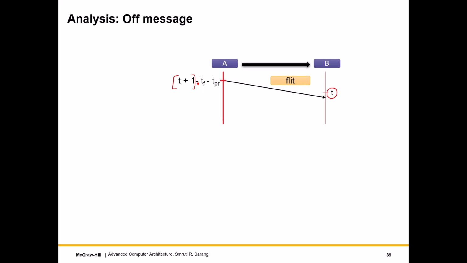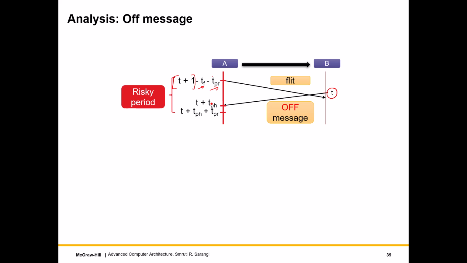In this case, we take the time t plus 1, we cut out the processing time, and we cut out the time it took to physically send the flit, which is minus tf minus tpr. Then if we assume that an off message was sent at time t, it will reach from B to A at time t plus tph, and it will take tpr units to get processed.